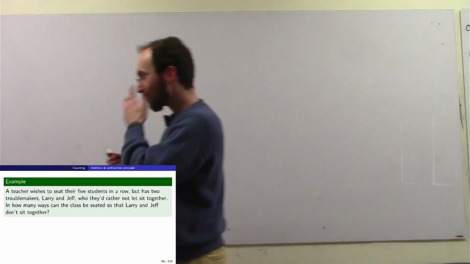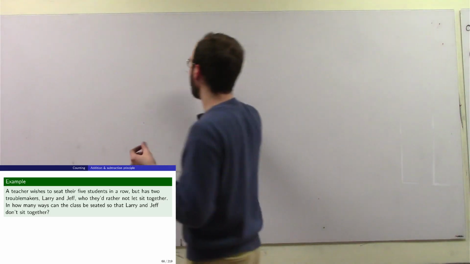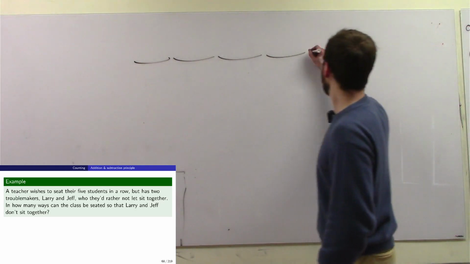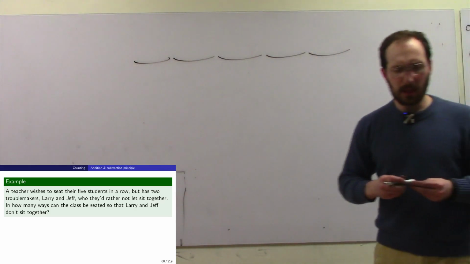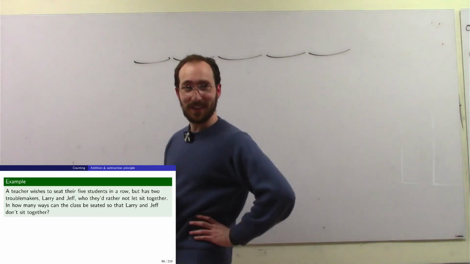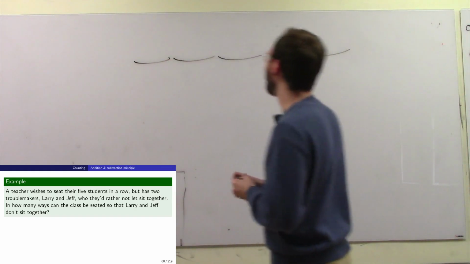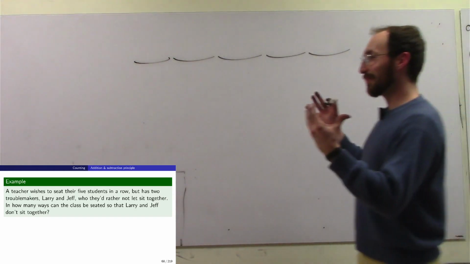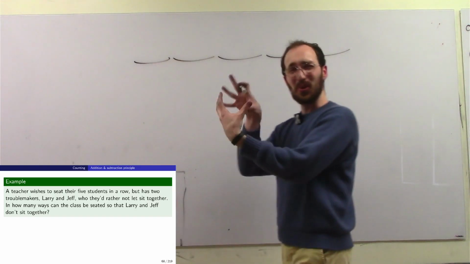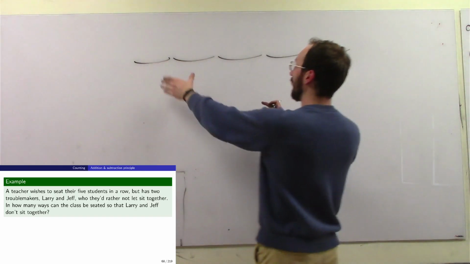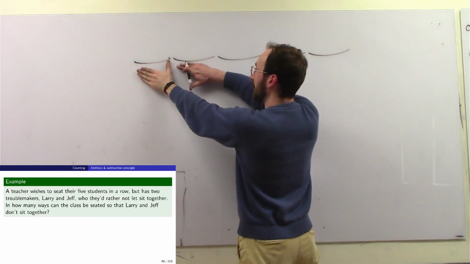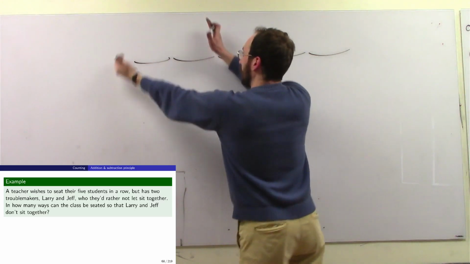Okay. So let's look at this. We have 5 seats. And just like with cat and row, if you've been tuning in for quite some time, we can lump Larry and Jeff as one unit. If they're sitting together, we can just have these chairs be like that unit.